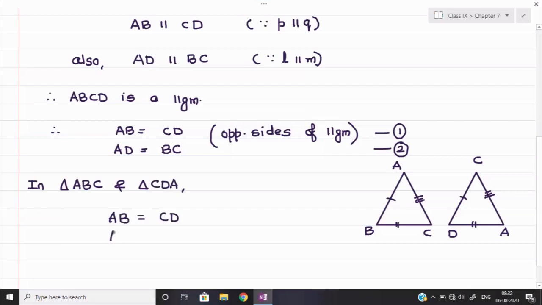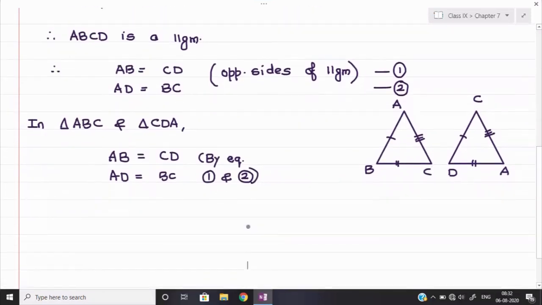Second one, AD is equal to BC. Okay, reason we can give by equation first and second. Both the reasons are by equation first and second.